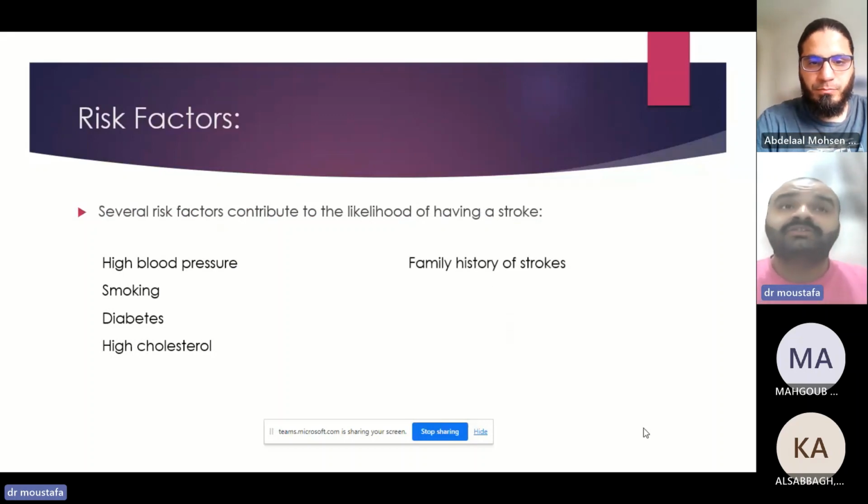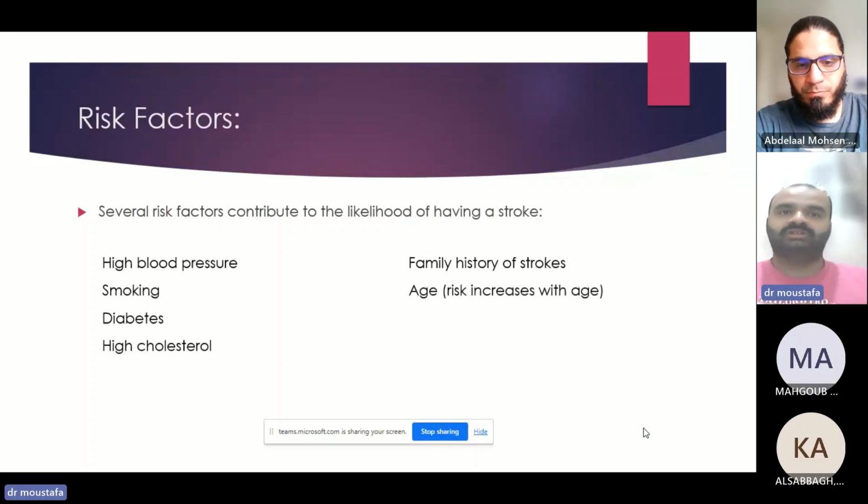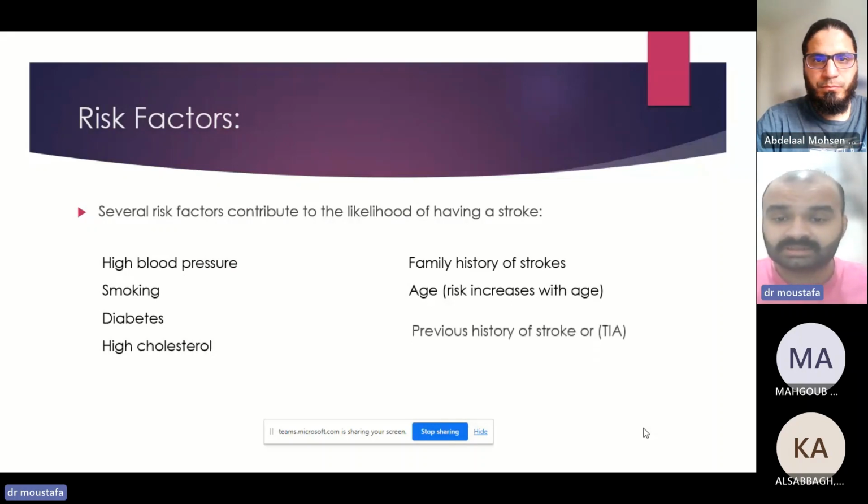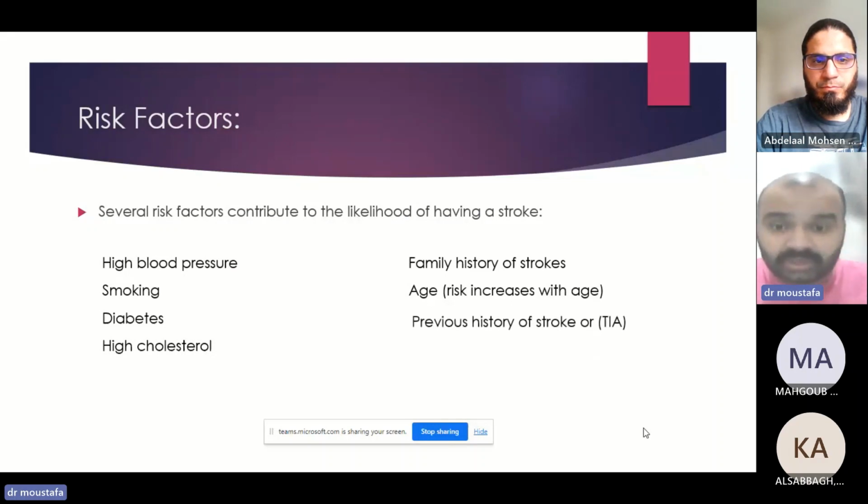What else? Family history of strokes itself. Yes. What else? Age. Unfortunately, the risk increases with age, so it's expected in higher age groups. What else? Yes, that's what I was just talking about. Previous history of TIA. Right. And of course, obesity.